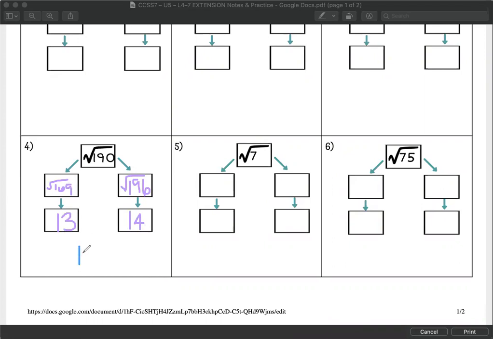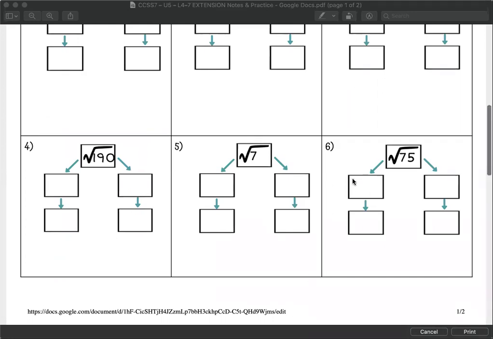So I know that my whole number value is 13. I'm going to find my halfway mark between 169 and 196. Maybe I don't even need to look at that because 190 is pretty darn close to 196. So I'm not going to guess 13.9. I'm going to say maybe closer to 13.8. And putting my squiggly equal sign to show that it's about 13.8.